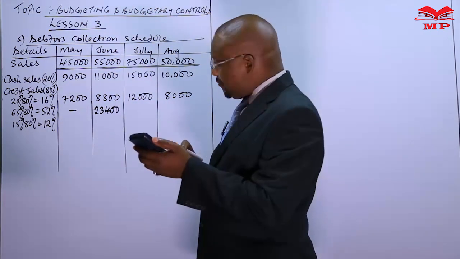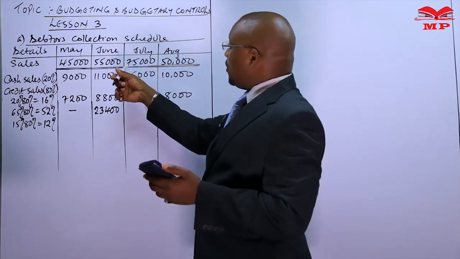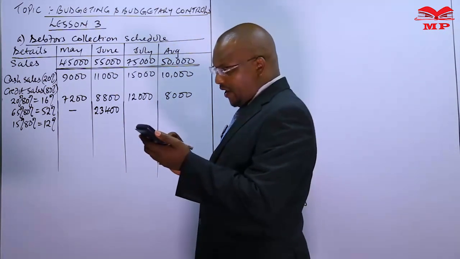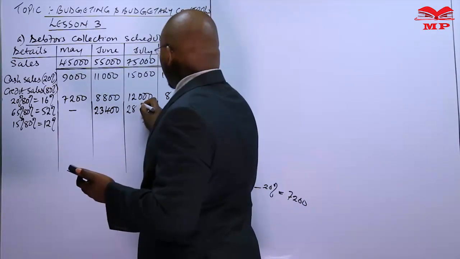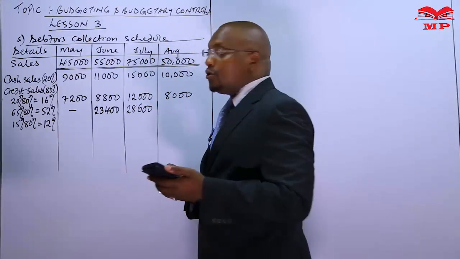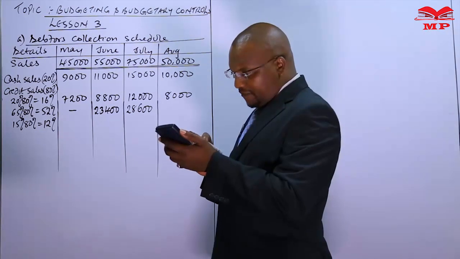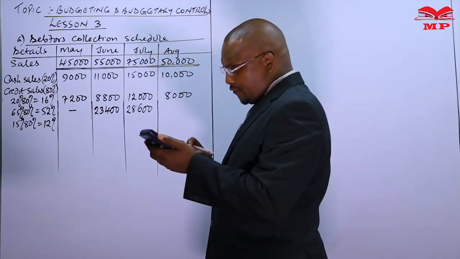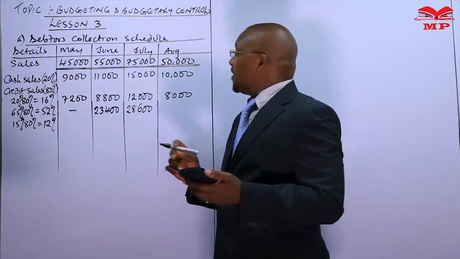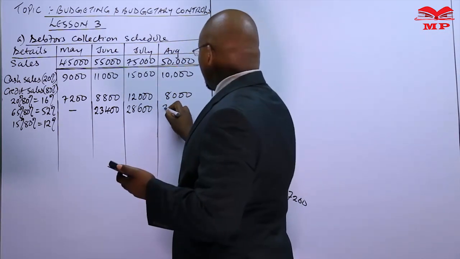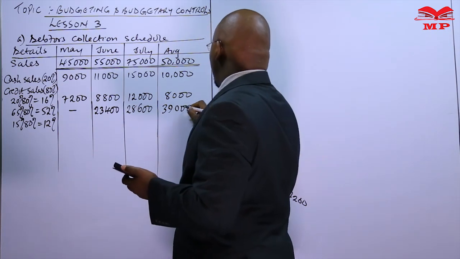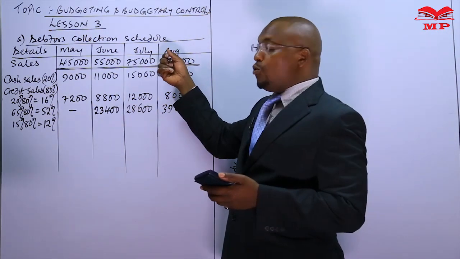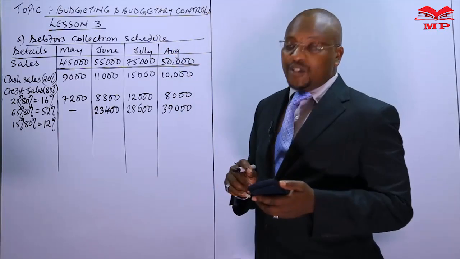Then 0.52 times the sales of June, which is 55,000, to be collected in July, is 28,600. Then 0.52 times 75,000 of July, to be collected in August, is 39,000. Meaning by the end of August, we will not have collected the 52% of the 50,000.